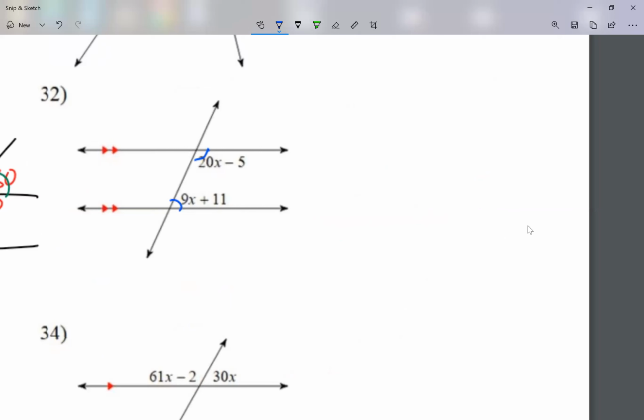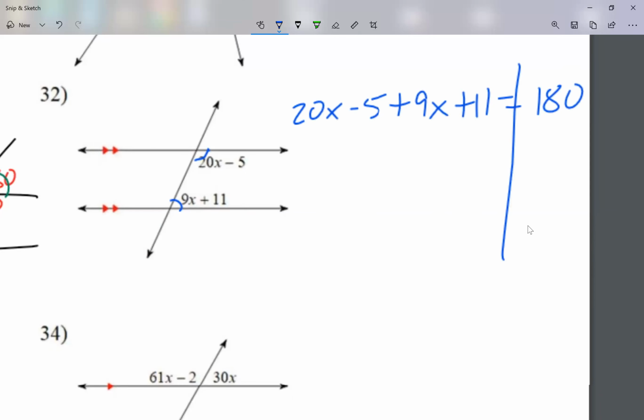Let's take a look at number 32. These two angles are also same side interior. So I know that I have to add everything and set it equal to 180. So I'm going to go 20x minus 5 plus 9x plus 11, and this is equal to 180. On the left side, there's a bunch of things, so let me combine like terms. 20 plus 9 is 29x. Negative 5 plus 11 is positive 6.